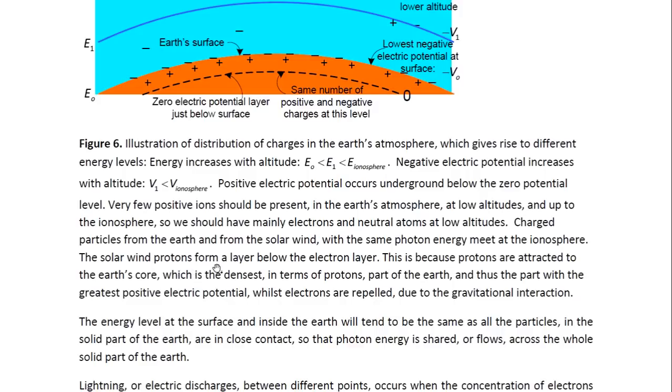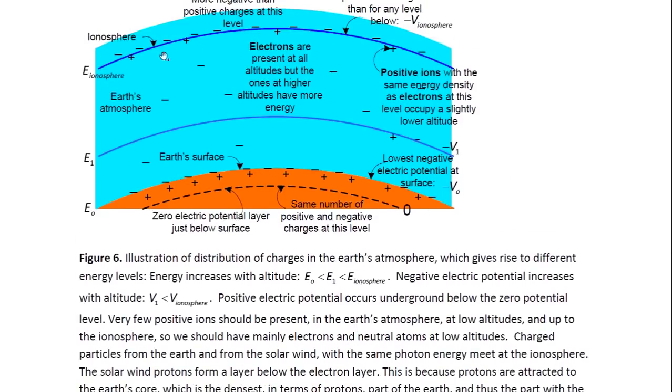So the solar wind protons form a layer below the electron layer. So as you can see, we have protons below the electrons. And that is again because protons are gravitationally attracted to the positive core, whilst electrons are repelled.